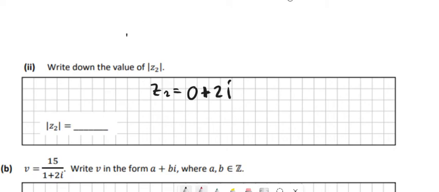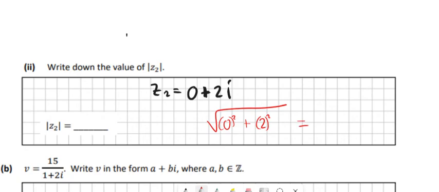To get the modulus of a number, we're going to do its square root, and we're going to take each of the parts, so the 0, and we're going to square it, and we're going to take the 2 and we're going to square it, and we add them together. And that's how we get the modulus.